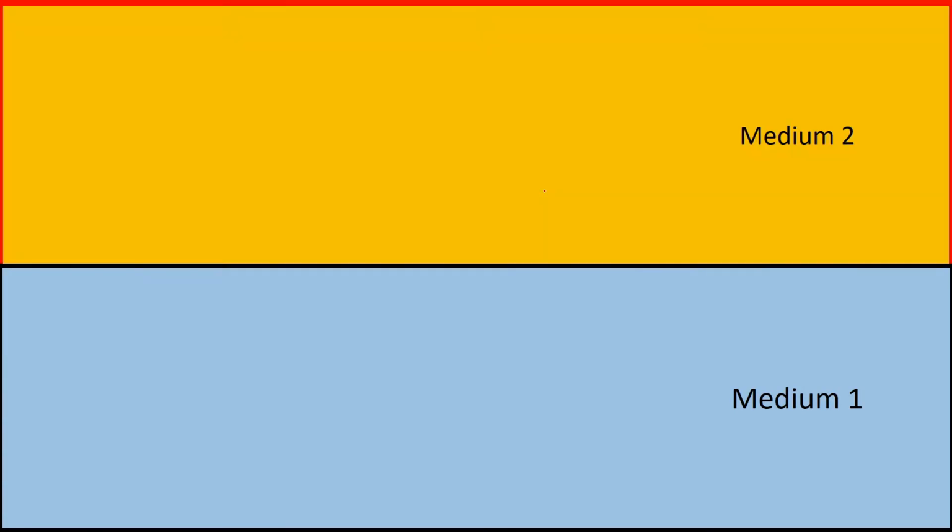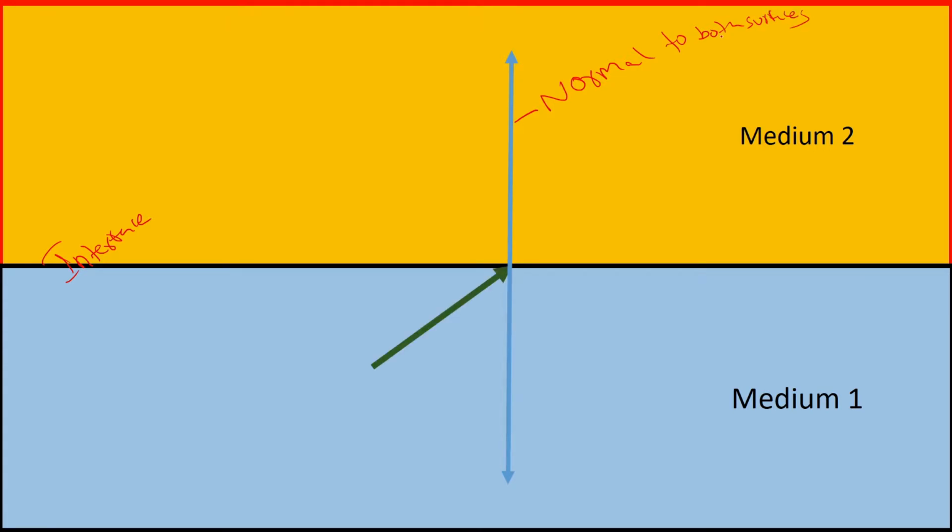So if, for example, you have a medium 1 and medium 2 separated by this interface, and this is the normal to both the surfaces. This is the electric field inside medium 1 and this is the electric field inside medium 2.